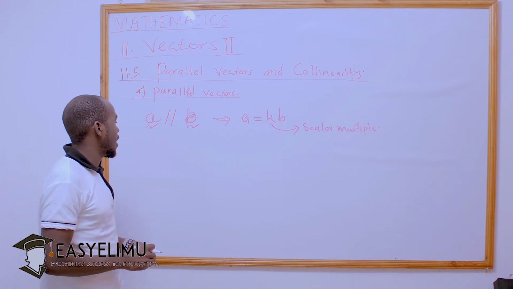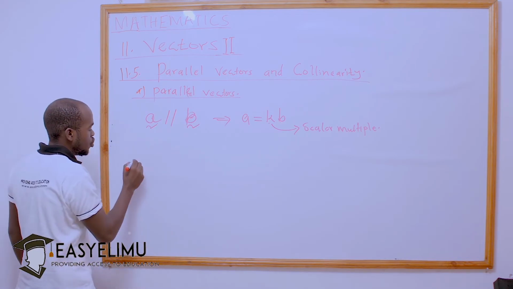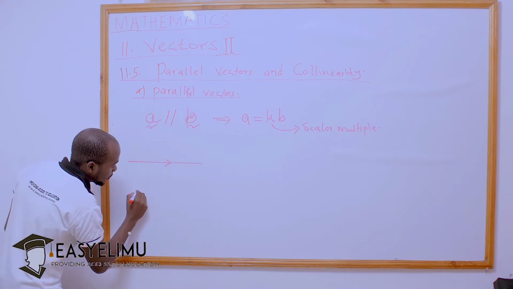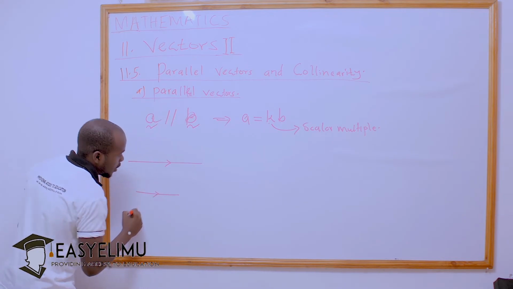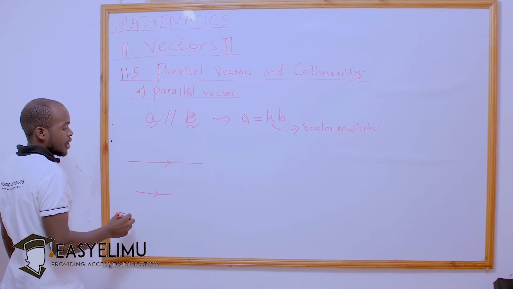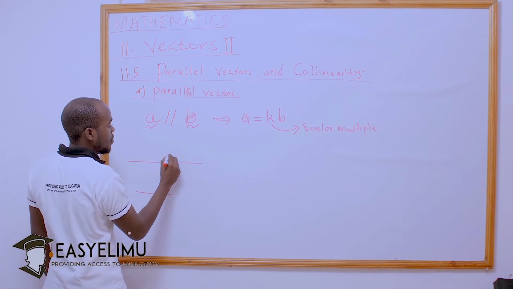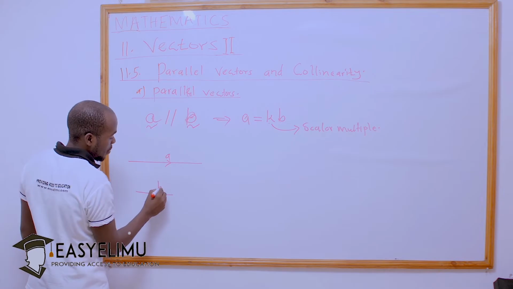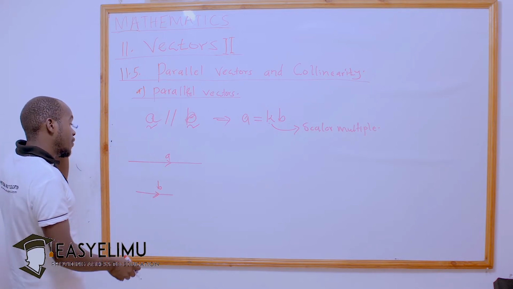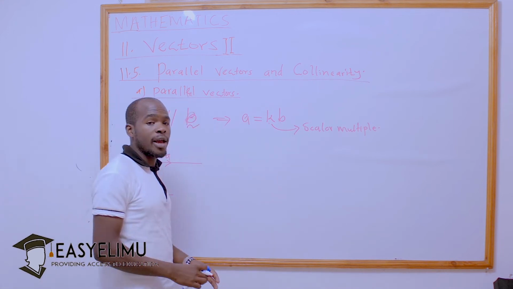And parallel vectors are such that, for example on a drawing, you may have certain vectors that go that way. This one may be A, this one may be B. These 2 vectors can only be parallel if one is a scalar multiple of the other.